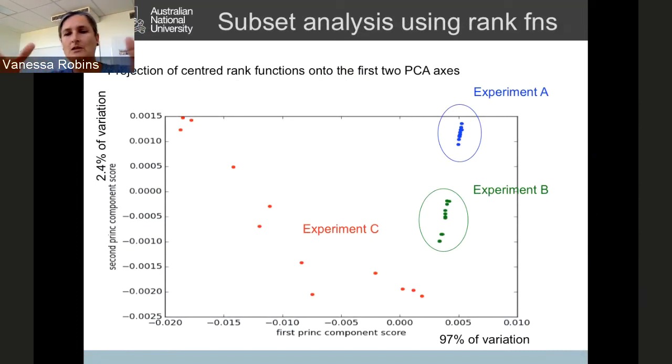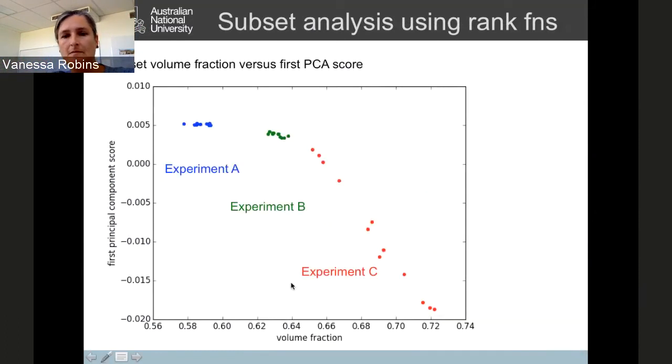So there's going to be much more heterogeneity in those data sets. The obvious natural parameter that is going to be controlling the variation is the volume fraction. If we plot the first principal component score versus volume fraction, we see this very nice trend.